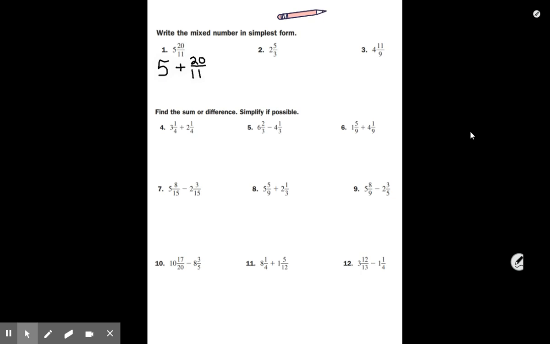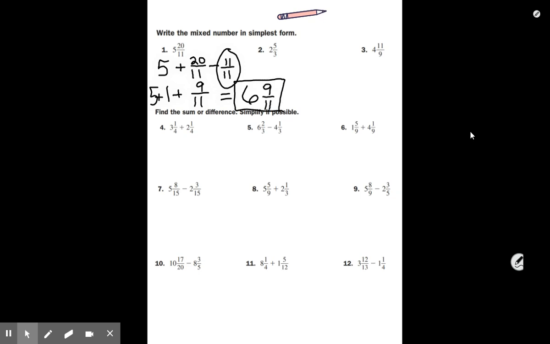Now, what if I subtract away from there 11/11ths? I'm taking a whole set of 11 out of the 20/11ths, and what do I get? What's 20 minus 11, in other words? Okay, and what is this number worth here? That's worth a whole. So what I have now is 5 plus 1 plus 9/11. So I actually have 6 and 9/11, don't I?